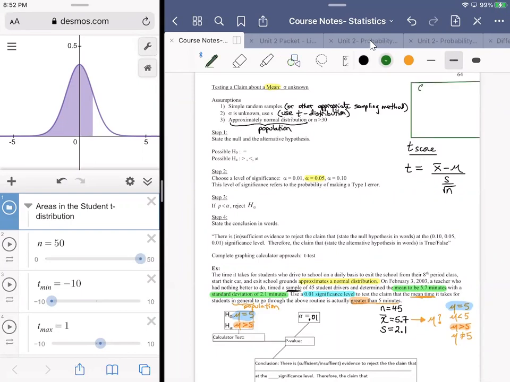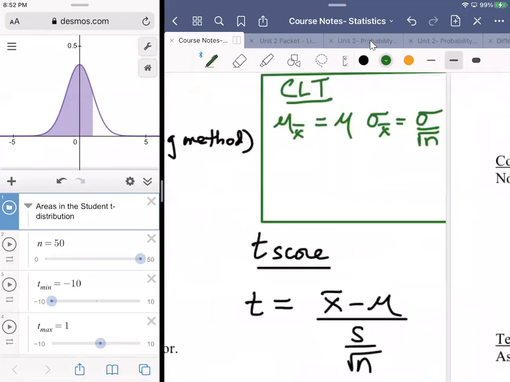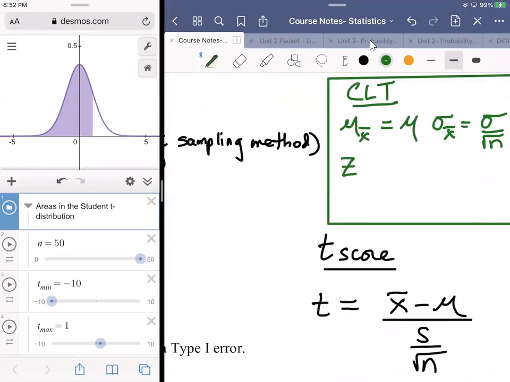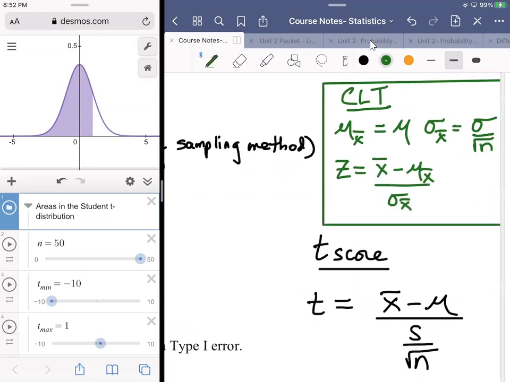We had mu sub x bar was equal to mu, and we had sigma sub x bar was equal to sigma over the root of n. And if I wanted to say z equals x bar minus mu sub x bar over sigma sub x bar, I would just pop in these individual values.